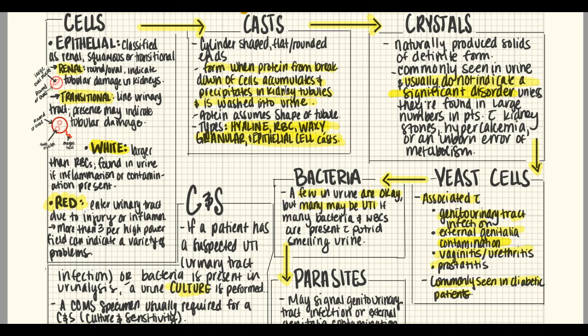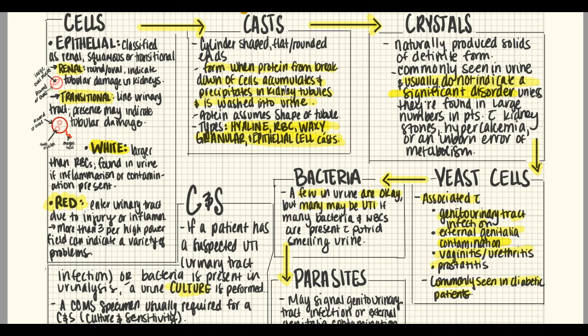Yeast cells, we can see those as well. They are typically associated with genitourinary tract infections. Sometimes they're there not because there's a UTI going on, but because they were picked up from external genitalia contamination.